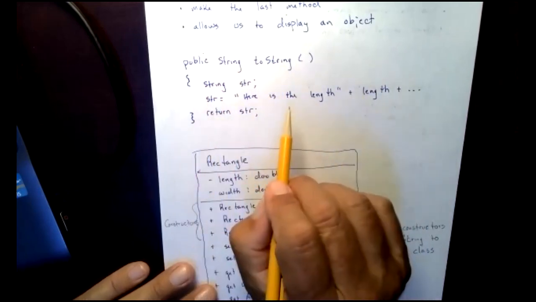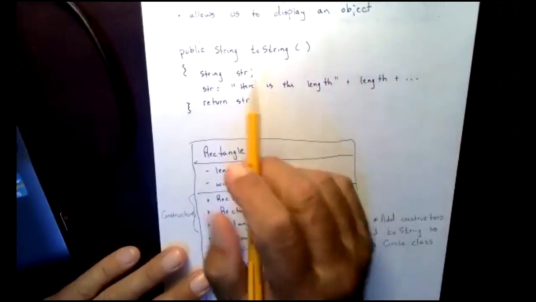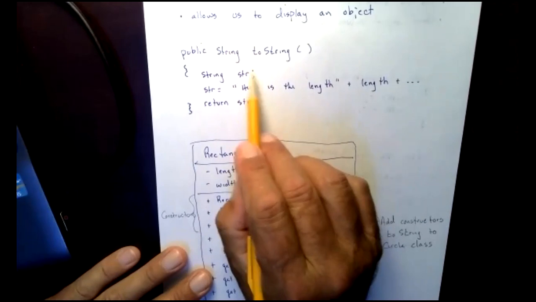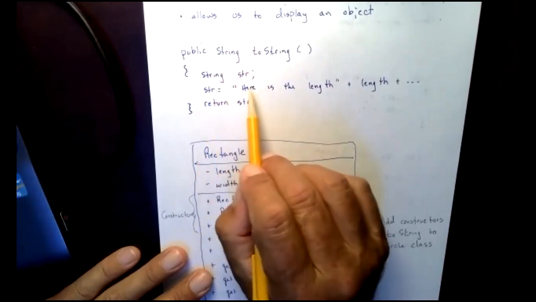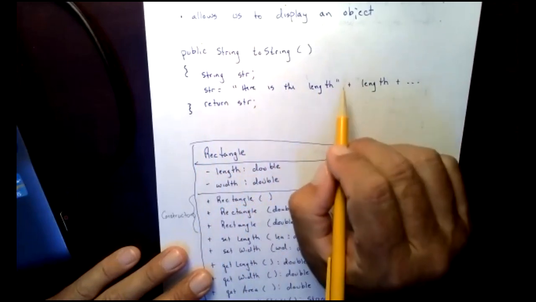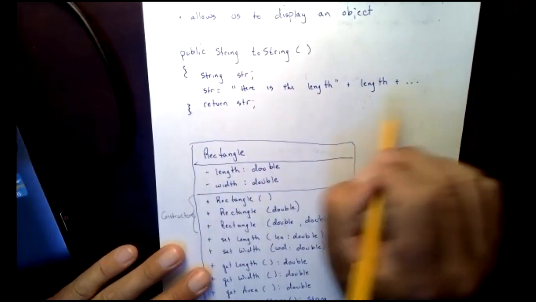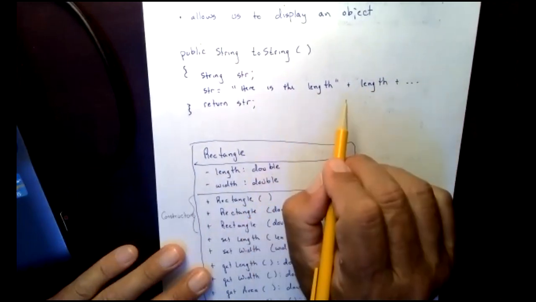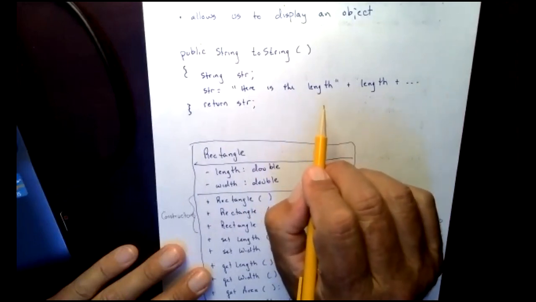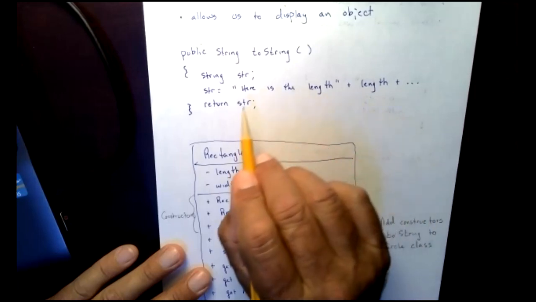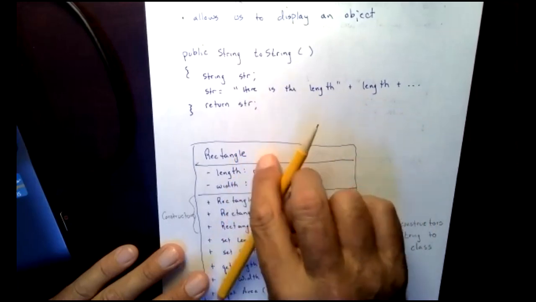It'll come and get what's here. All right, so let's see what is going on in toString. I have String str, a local variable. str equals, here is the length, plus, and I have my length, plus, and I could build a nice big long string with everything from the methods in my class. And then I'm going to return that string.